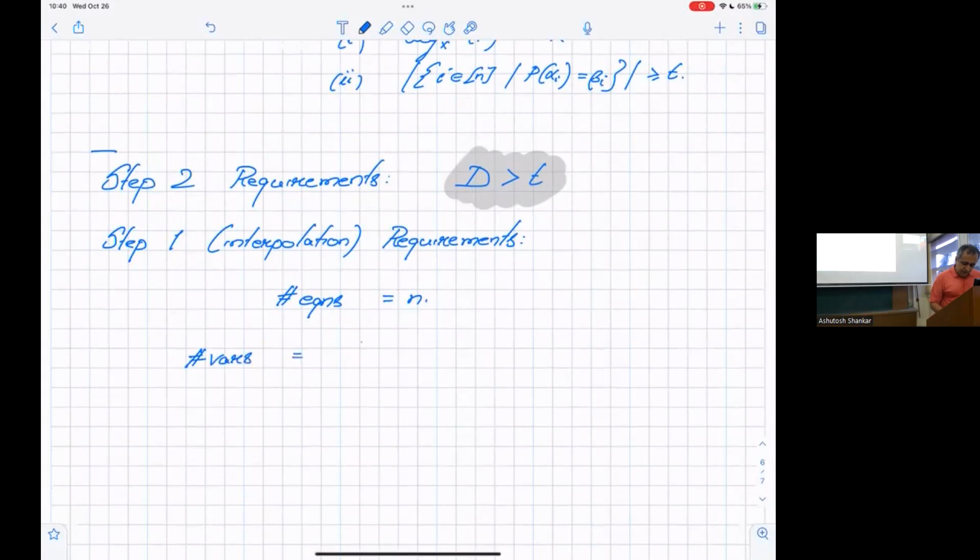The number of variables is the number of pairs i, j such that 0 is less than or equal to i, j, these are integers, and i plus (k minus 1) j is less than or equal to d. This is what we are looking at, the size of this. So let's actually count. This is exactly the number of variables. Let's actually count this set.